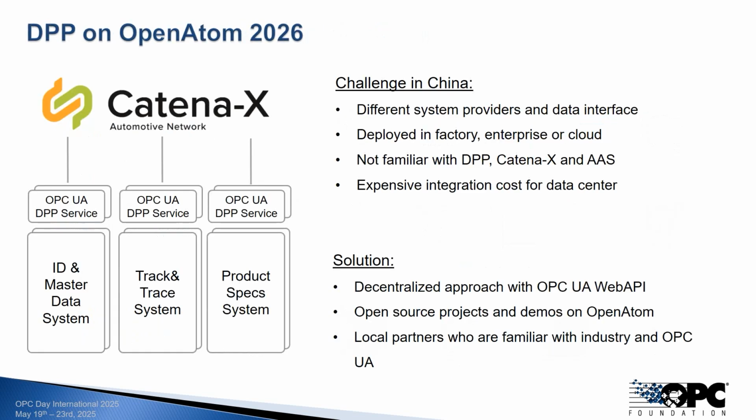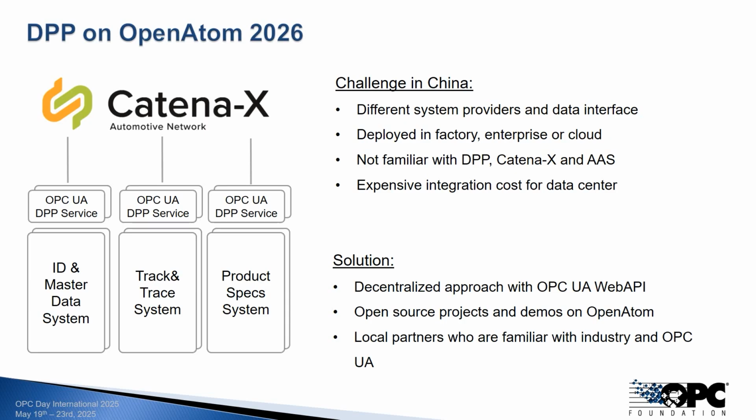To prove this concept in China, DPP standard will be the next competition for OpenAtom 2026. Implementation of DPP in China is a challenge because of the diversity of the systems.